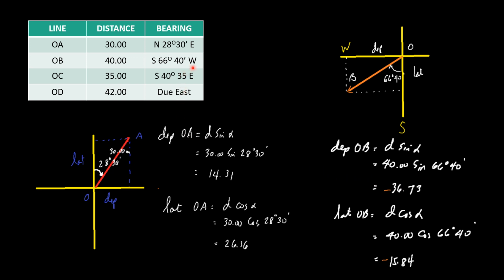If the line has a westerly direction, the departure is negative. The latitude of OB is d cosine of alpha, which is 15.84. Again, since the bearing is in a southwesterly direction, south direction is negative for its latitude.